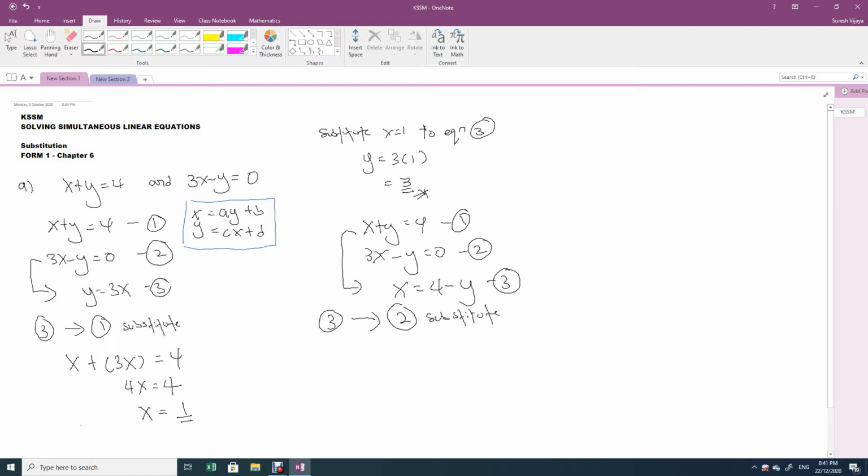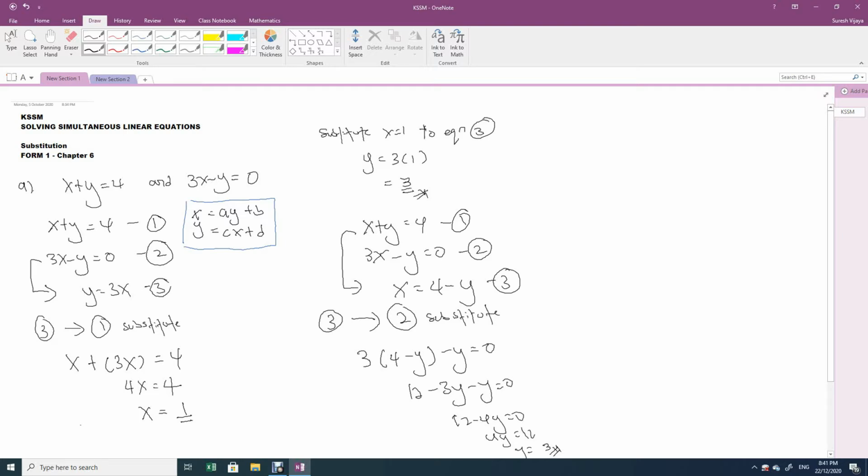Rewrite equation 2: 3 times x, we have to replace with the x from equation 3, minus y equals to 0. So you have 12 minus 3y minus y equals to 0. So you have 12 minus 4y equals to 0. So y equals to 3.